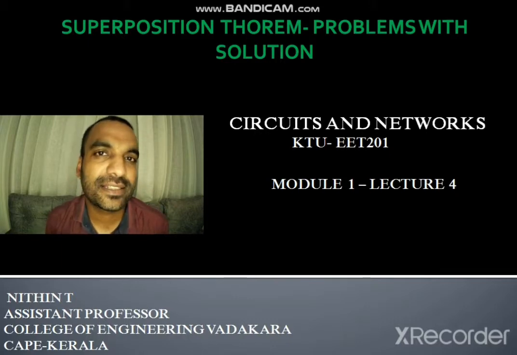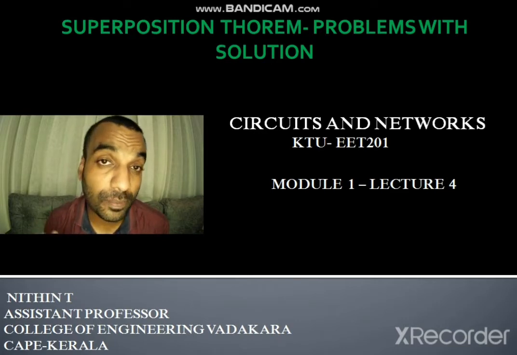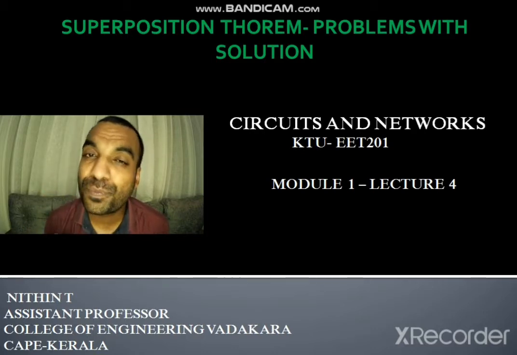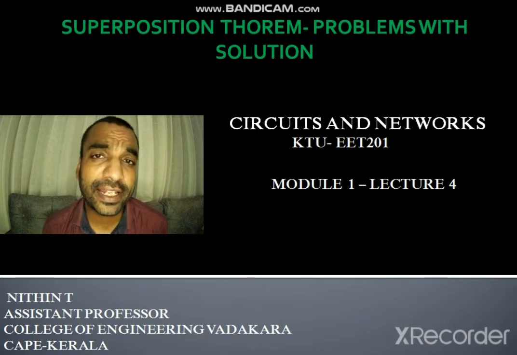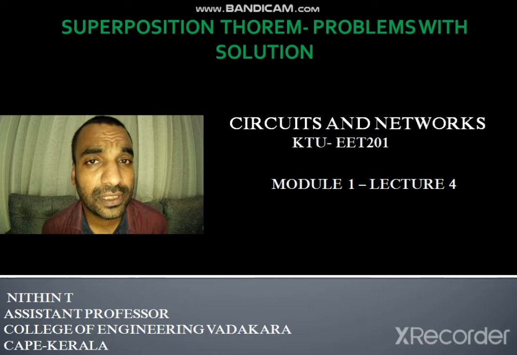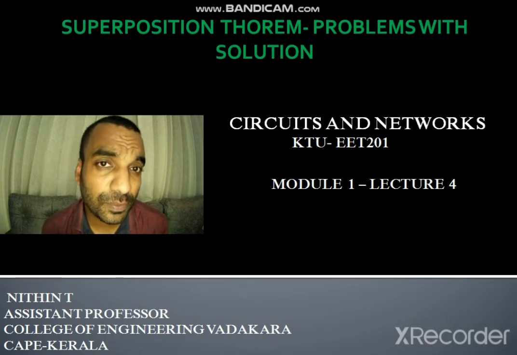In today's class we are going to deal with a typical problem that we can solve using the superposition theorem. A typical problem means it should have a number of sources, because what was the statement of the superposition theorem?